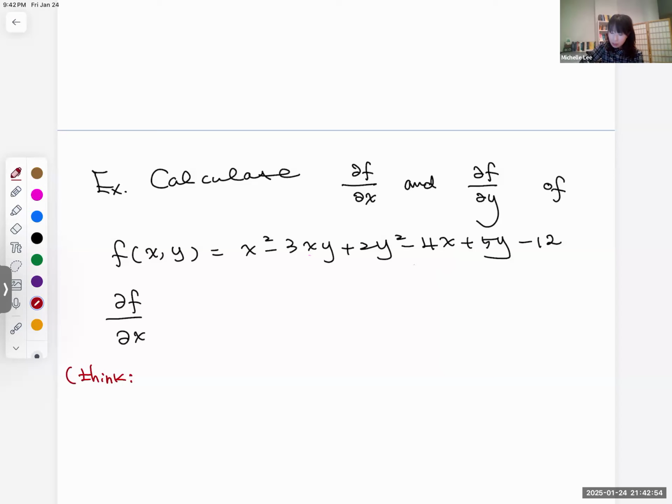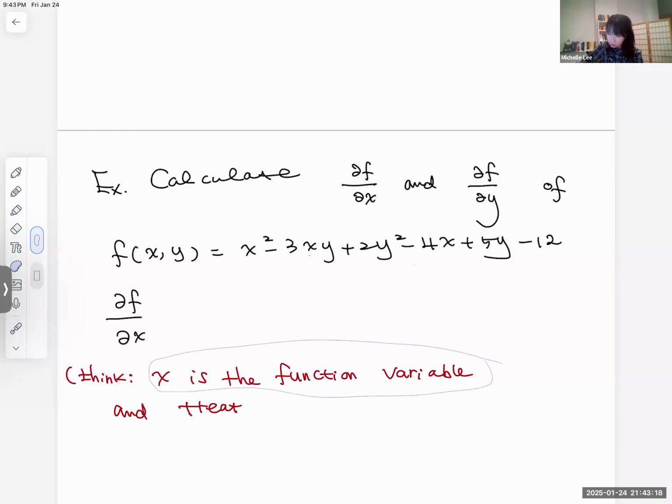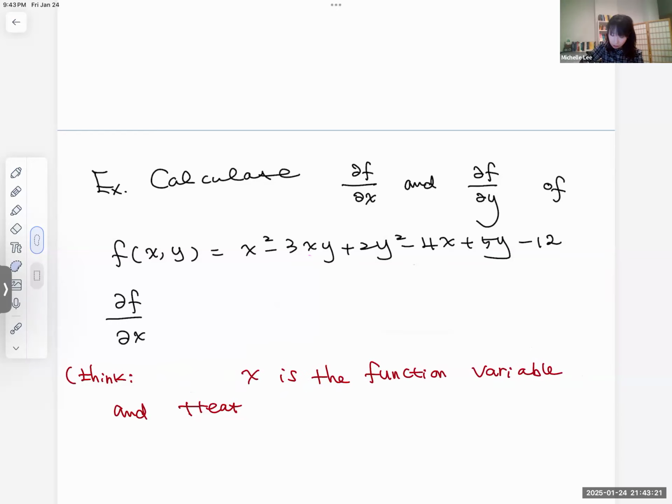So think of x as the function variable, and treat y as a constant.